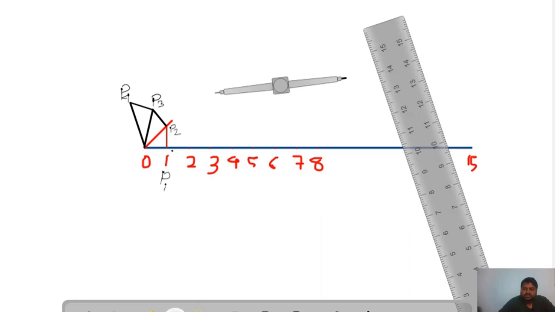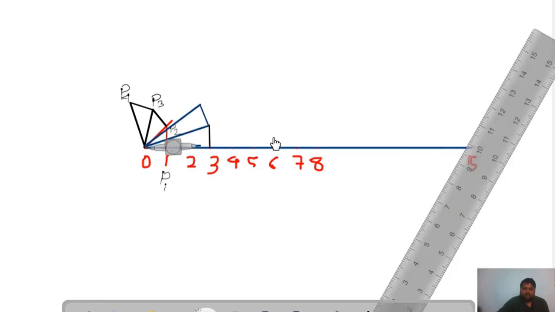Here we fix the compass at point O. In this compass, the span is not short enough to draw the length OP1 or OP2, but we can draw the length OP3.